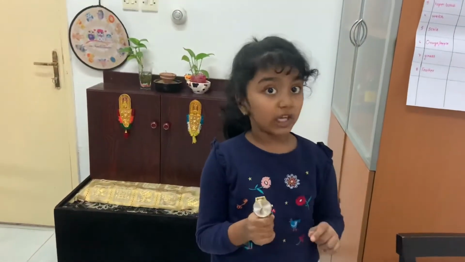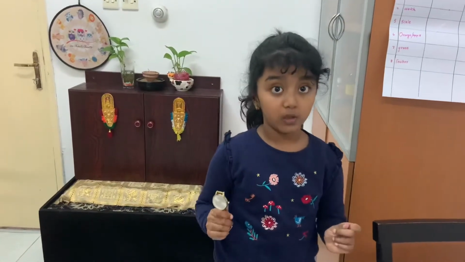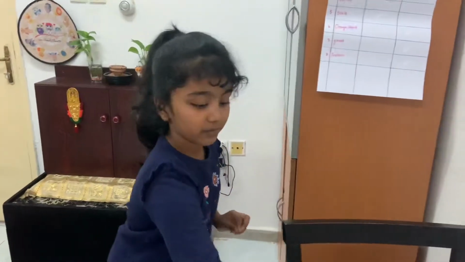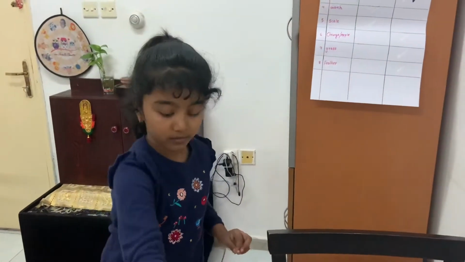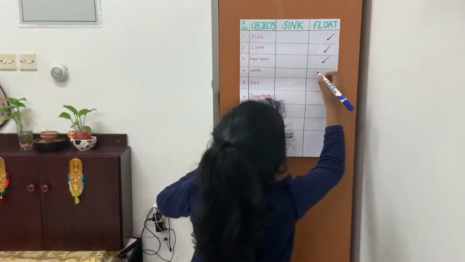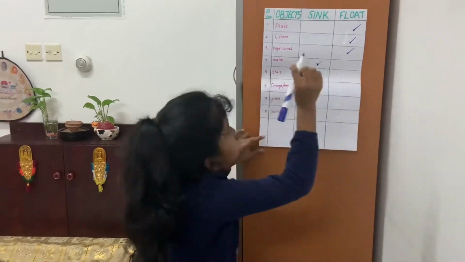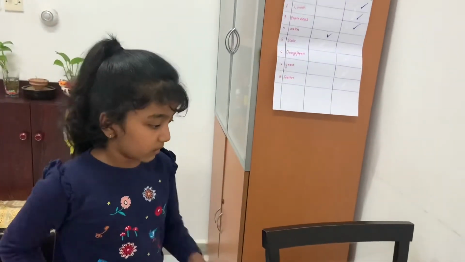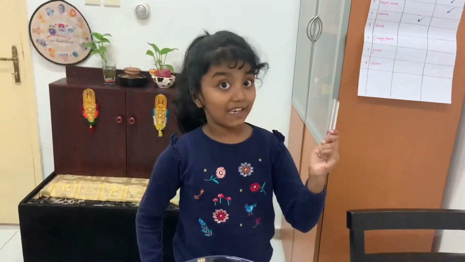Next is a watch. I'm not going to put it in the water. It will be damaged, but it is made up of metal, so it will definitely sink. Next is a scale.